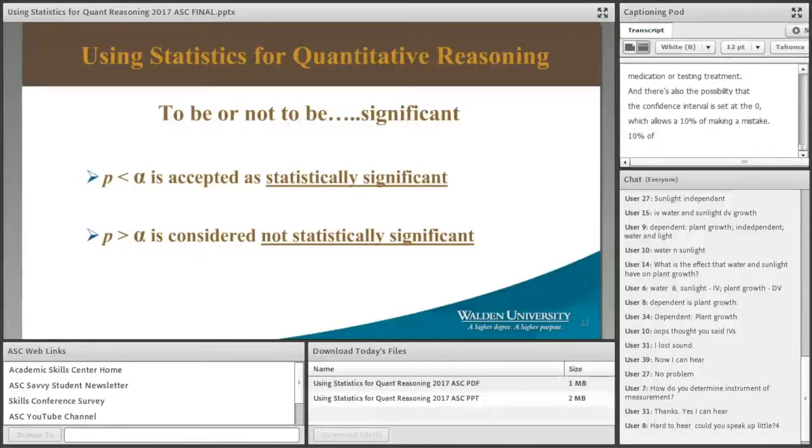That is generally only accepted when it's a truly exploratory study, and those are very rare and few between. To my knowledge, students that are working at the dissertation stage at Walden and who have selected a quantitative methodology are expected to evaluate the p-value against alpha of 0.05.